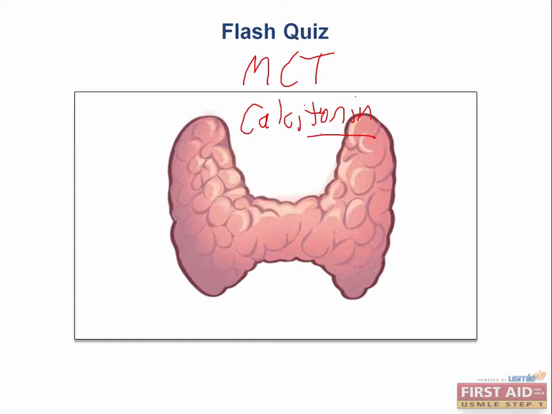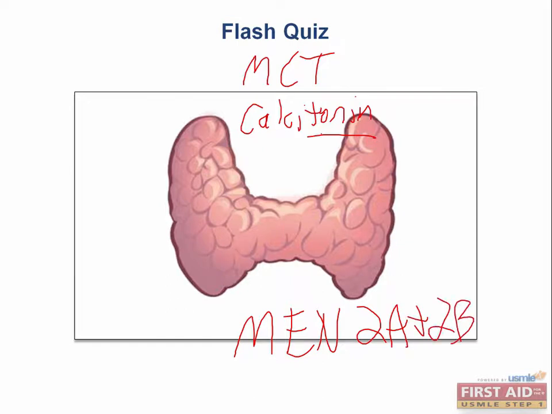It will lower calcium. Okay, and final question is, what genetic syndromes will be associated with this type of cancer and this amyloid protein? The multiple endocrine neoplasia syndromes. And what specific types? 2A and 2B. You'll learn about those later.